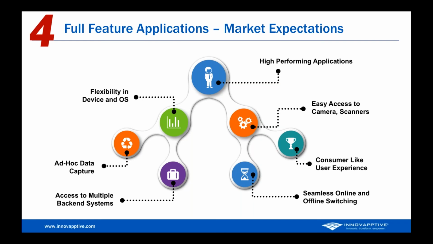By offline, we mean that you don't need a Wi-Fi network and you don't need to be on 4G. The solution will actually continue to work offline. Then once you get back into range, it'll automatically synchronize with your system of record.